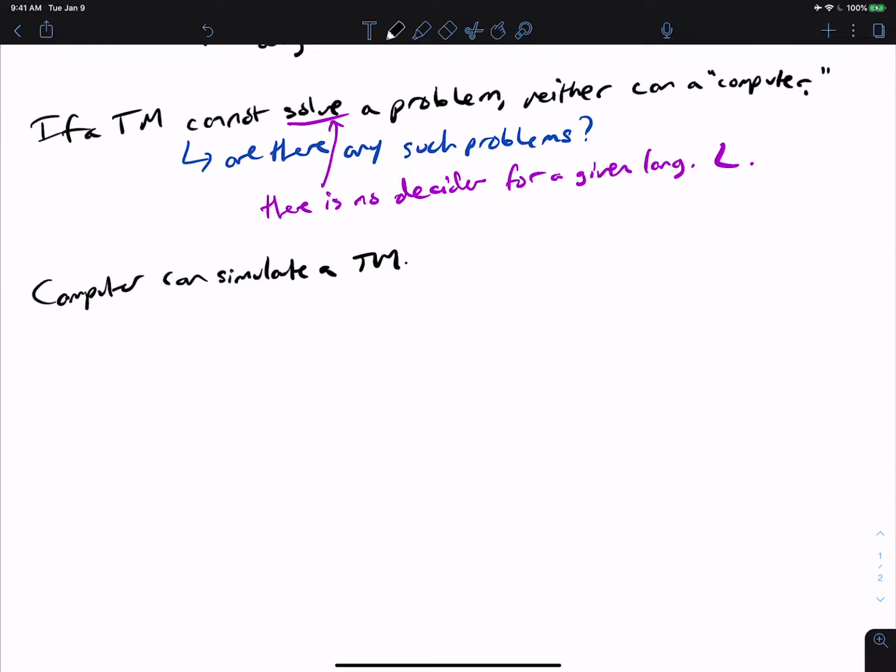Essentially it's saying that a Turing machine can be represented on a computer by a string. It represents a Turing machine as a string of zeros and ones, but we can think of it like a string of characters or something.